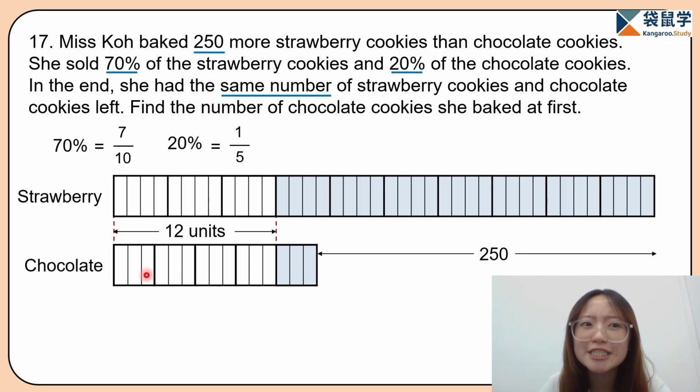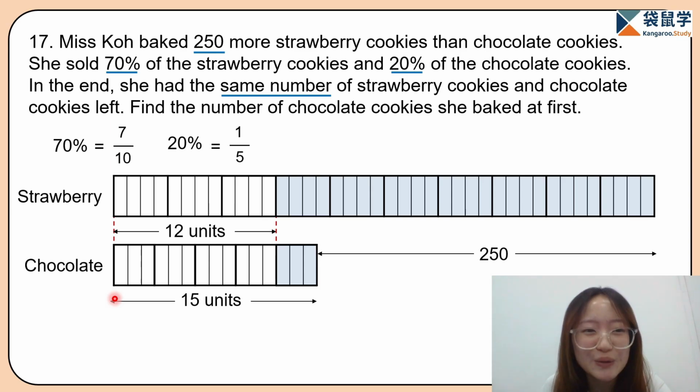Now, what is the question asking for? The number of chocolate cookies that she baked at first. So we will need the total units of chocolate. How many is this? 5 parts, each divided into 3, so it will be 15 units. In order to find the value of 15 units, we will need to find the corresponding value of units.